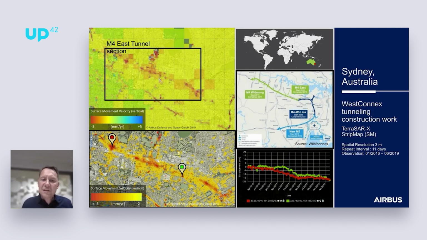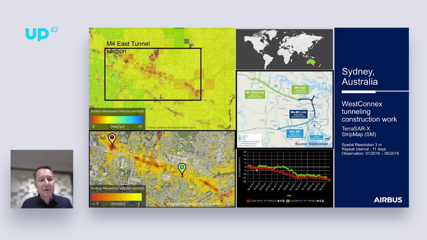And this is not homogeneous. This is very interesting, not only for the construction company, but also for the authority and, of course, for the public, on what the amplitude of movement is and how far it distributes in terms of spatial dimension. And we have also this temporal effect on the lower right.